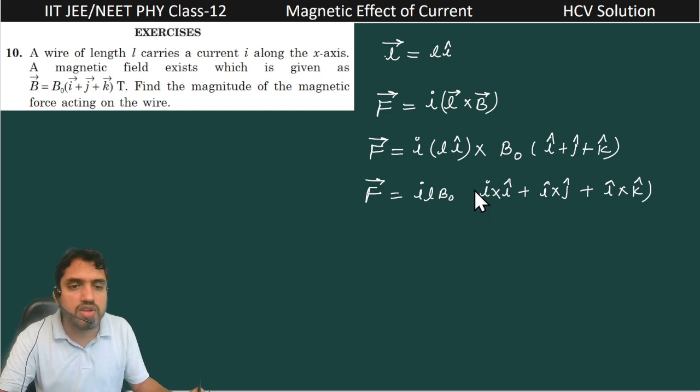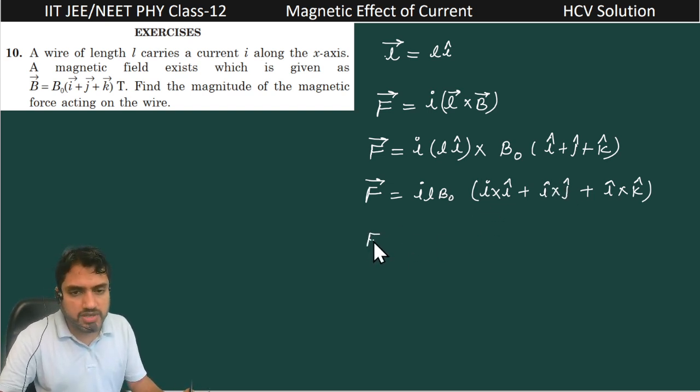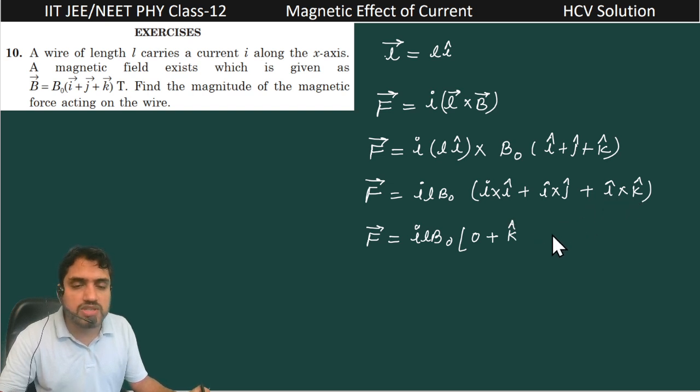You can use the concept of determinant also, but it is easy to do the cross product directly. So this F vector will be I L B naught as it is, and this i cross i will be 0 because both are in the same direction, but this i cross j is equal to k, and i cross k is equal to minus j.